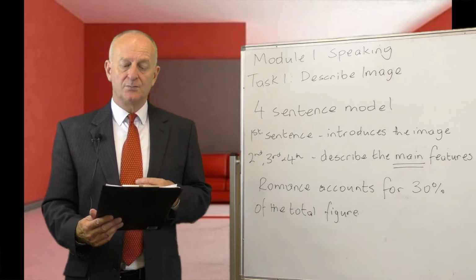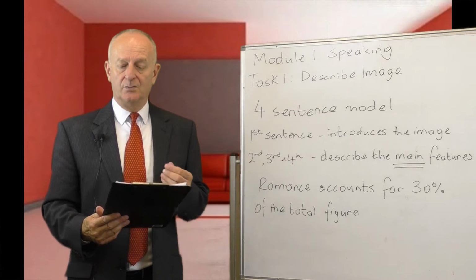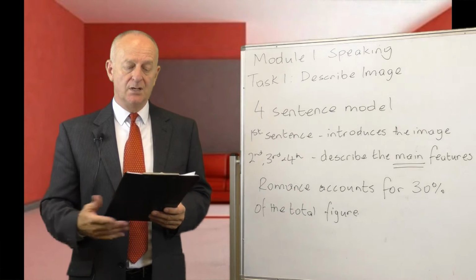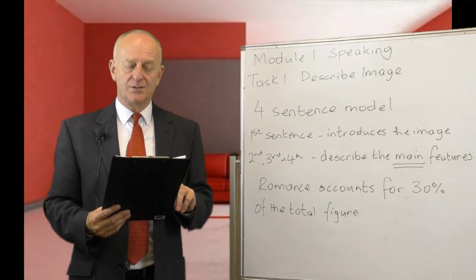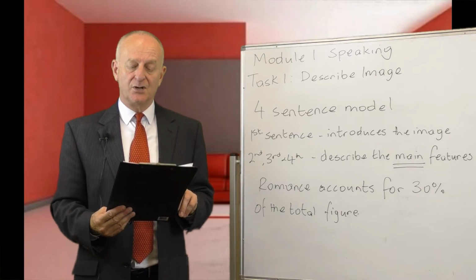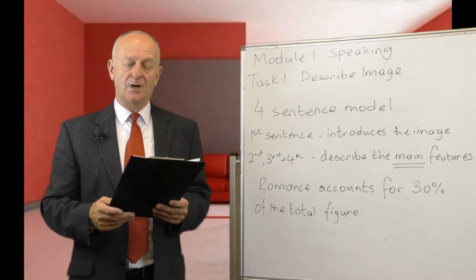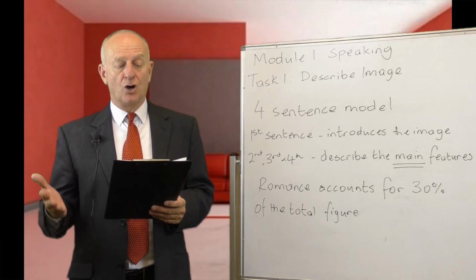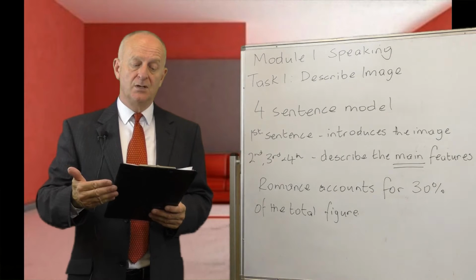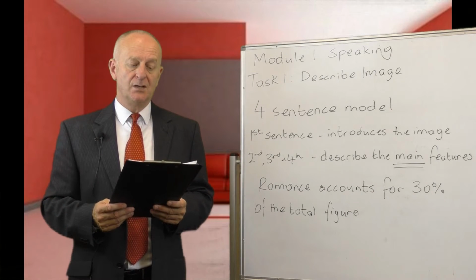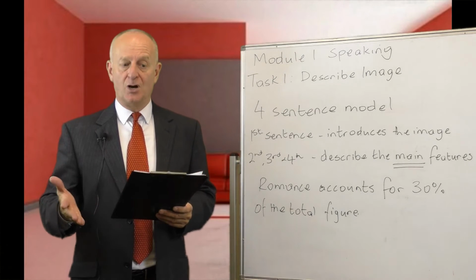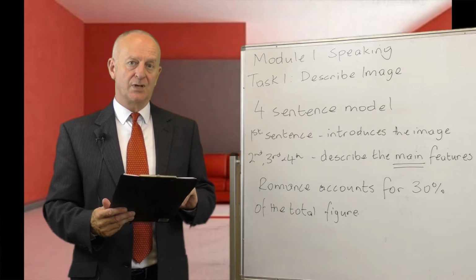So, the favourite types of movies for 18 to 25-year-olds are shown in the given pie chart. It can be seen that romantic movies account for 30% of the total figure, and that is followed by action movies at 25%. Movies about comedy or science fiction account for 20%, and the least popular movies are movies about drama at just 5%.